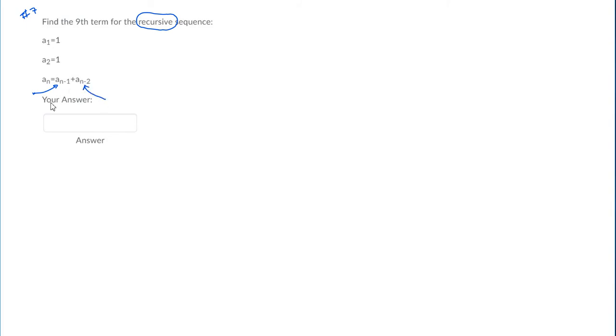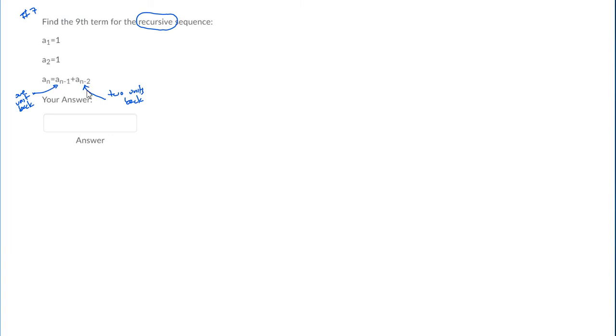This is 1 term back, and this is 2 units back of the current term. So to get the current term, AN, I need to know the term before it and the term before that.